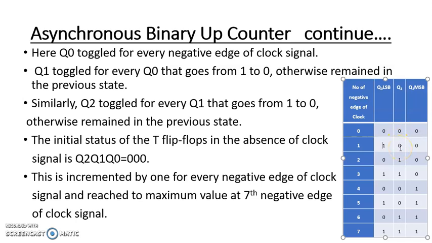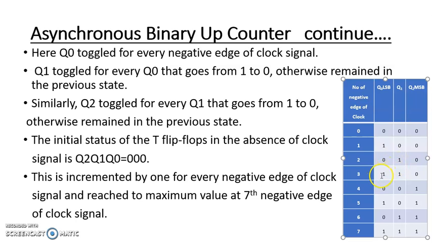When the second clock pulse comes, Q0 changes from 1 to 0, which is a negative edge trigger pulse. So it triggers the second flip-flop, which toggles, and its output changes from 0 to 1.